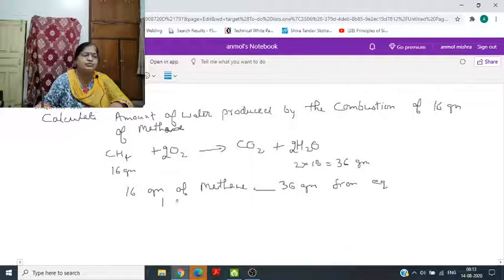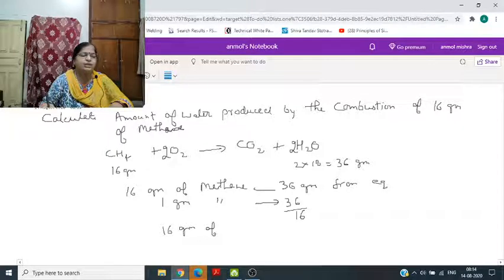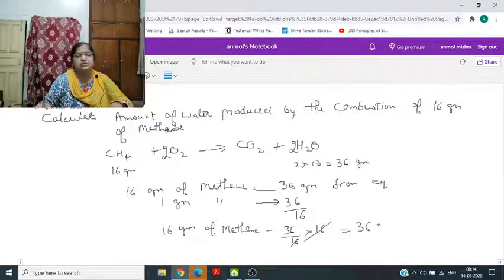So 1 gram of methane will produce 36 by 16, and according to the question, 16 grams of methane will produce 36 by 16 into 16. So that will come out again 36 grams.